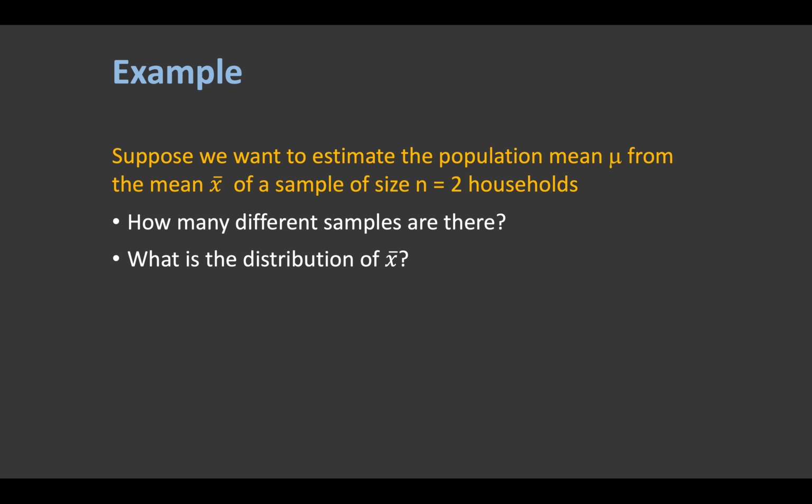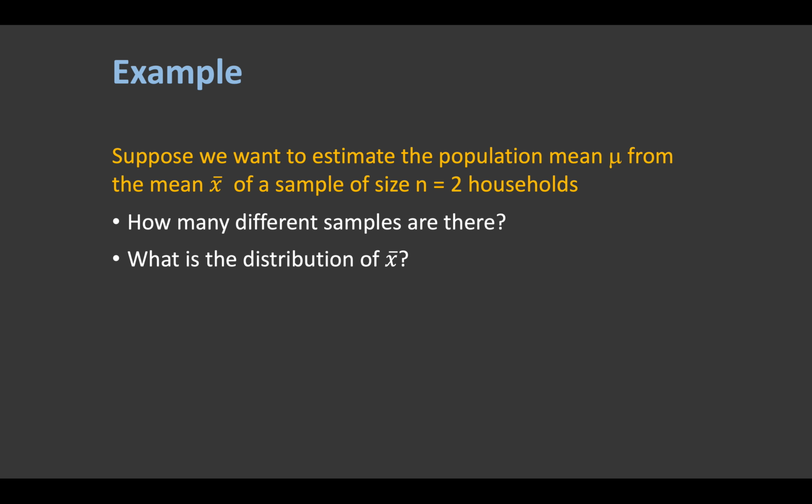Suppose we don't know all of them. Suppose we want to estimate the population mean mu from the mean x bar of a sample of size n equal to only 2 households. Assume that we can only observe 2 households, and we can calculate the mean, right? Then how can we estimate the population mean mu from the mean x bar?